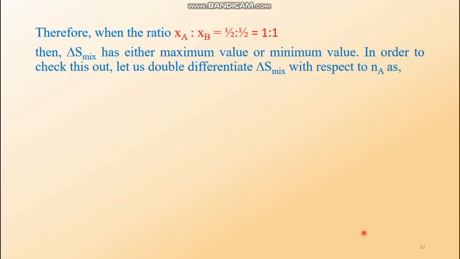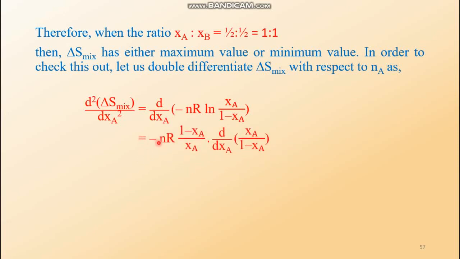Now we have to check whether this is maxima or minima. In order to do this, we have to double differentiate. So the double differentiation in the right hand side is d by dXA of minus NR ln XA by 1 minus XA. Now minus NR is constant, so this is a constant term out of the differentiation. Now here are two terms. One term is XA, another term is 1 by 1 minus XA.